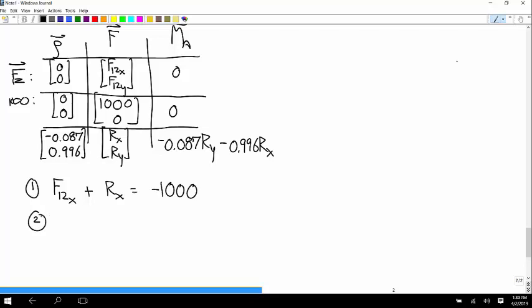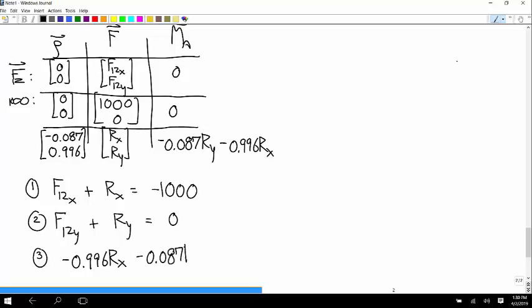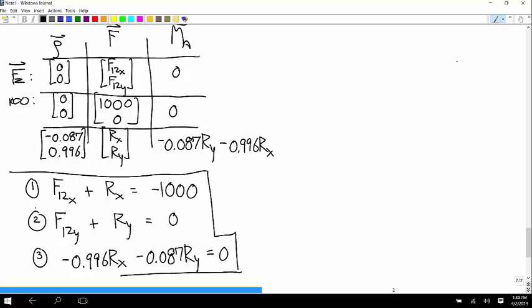Our second equation says F12y plus Ry is equal to 0. And our third equation says negative 0.996 Rx minus 0.087 Ry is equal to 0. And there are 4 variables there, so we can't solve it.